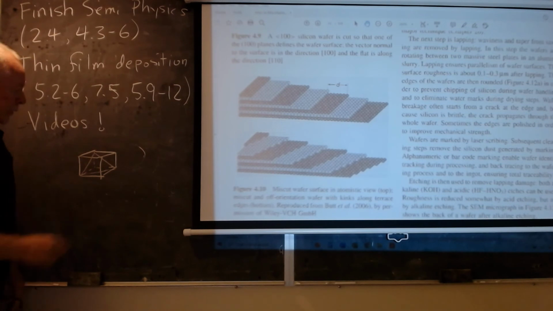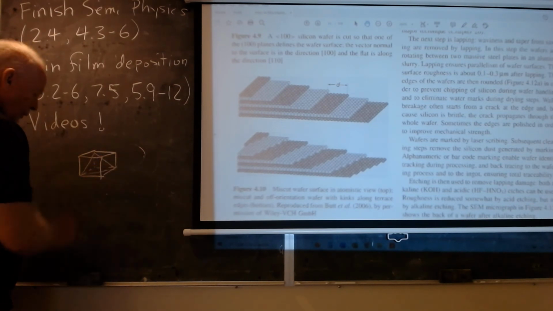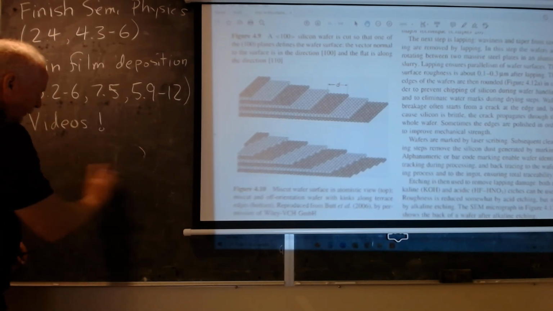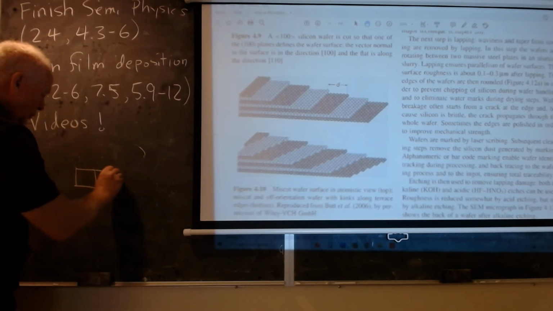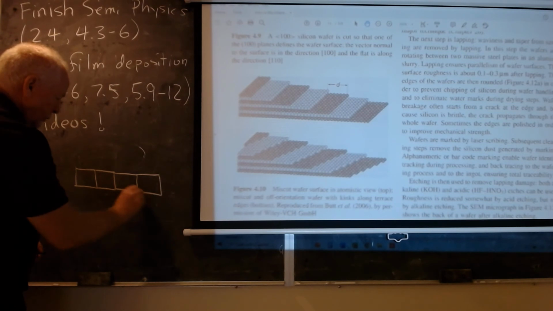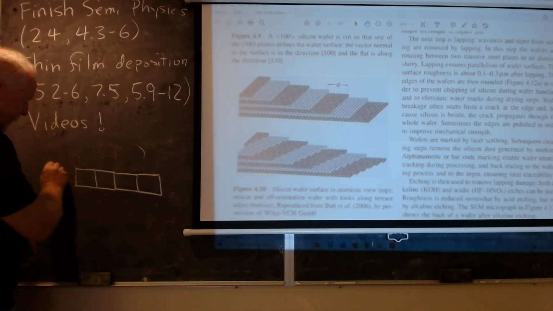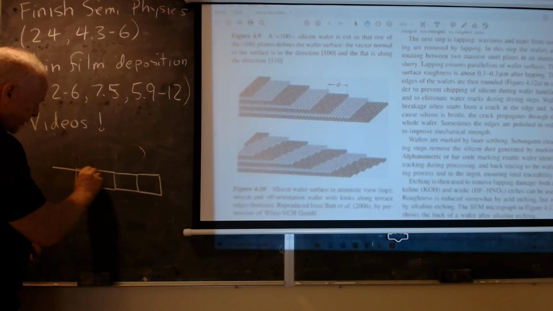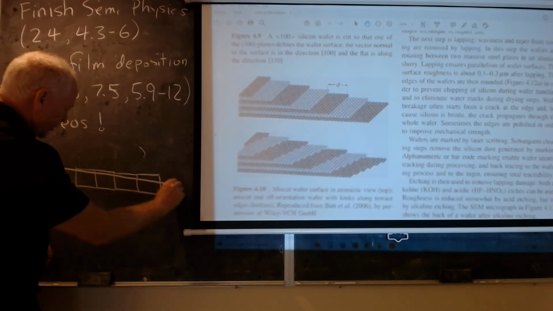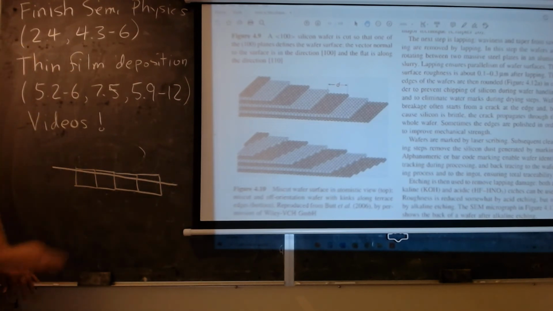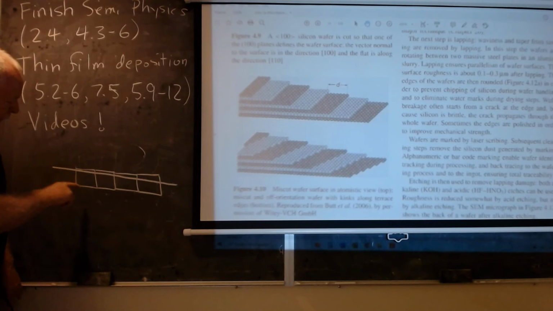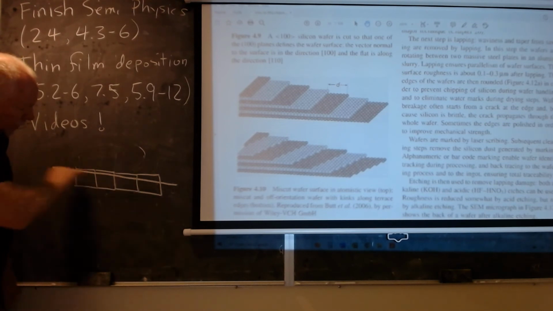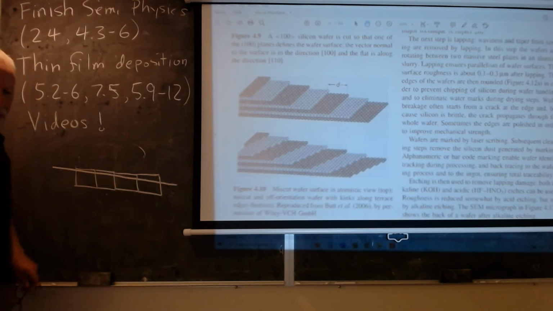If I took my boxes here, I might fabricate the wafer by sawing at a very small angle, which, with the angle I've drawn, is extremely exaggerated. But when I did that sawing process shown in the other figure, I might cut it at a very slight angle.